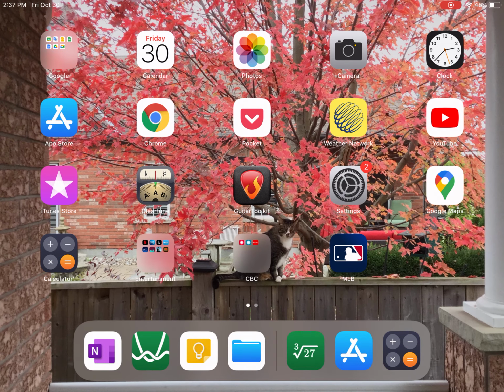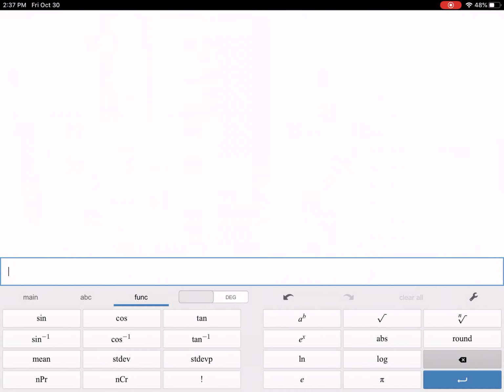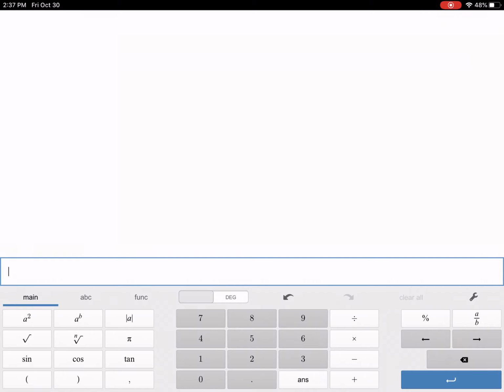I got myself a new calculator since last time for combinations, which I don't need in this case, but it's good to know it's handy. So if I do 2 to the exponent 12 minus 1, my answer is over on the right. Sorry, my question's over on the left hand. My answer's over on the right.